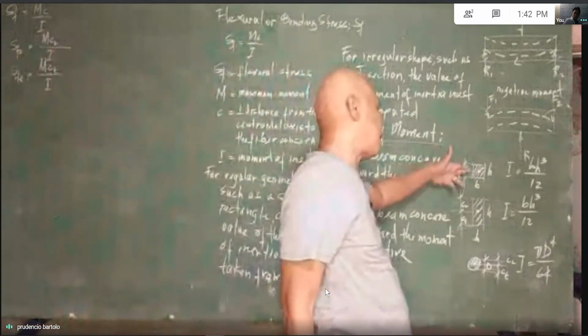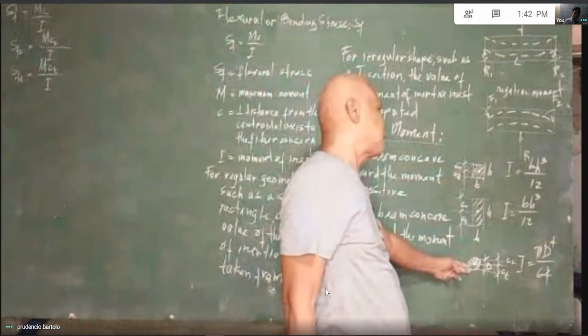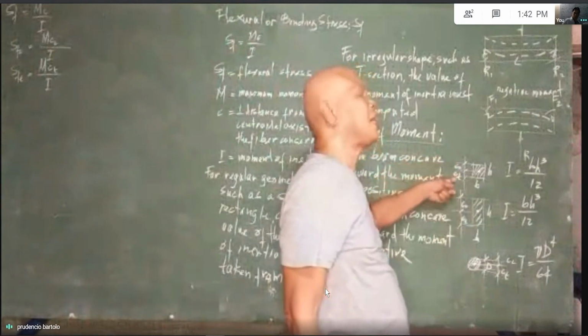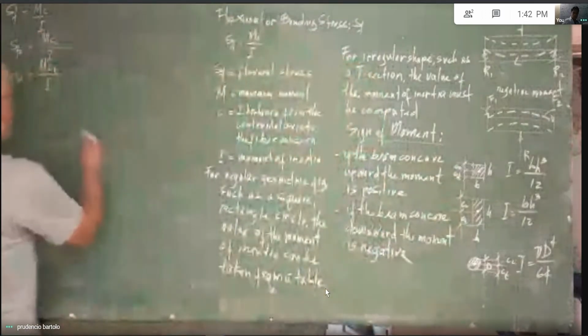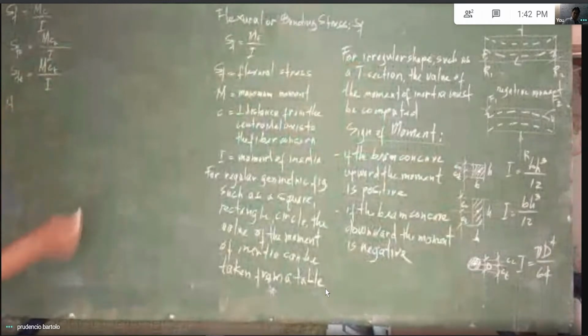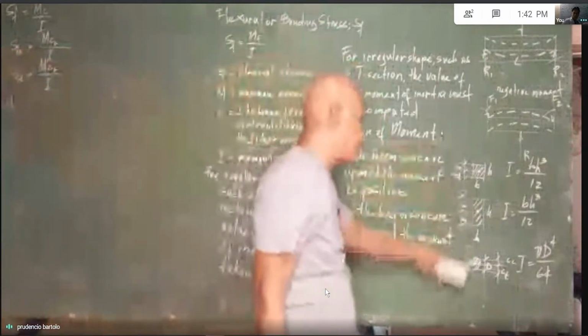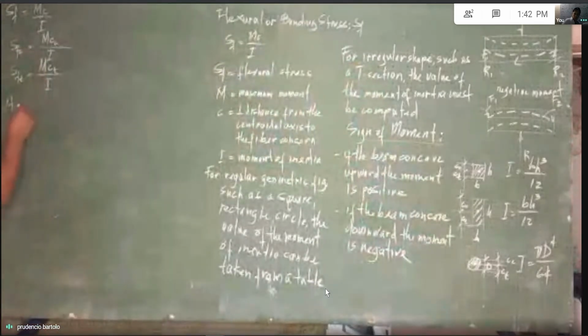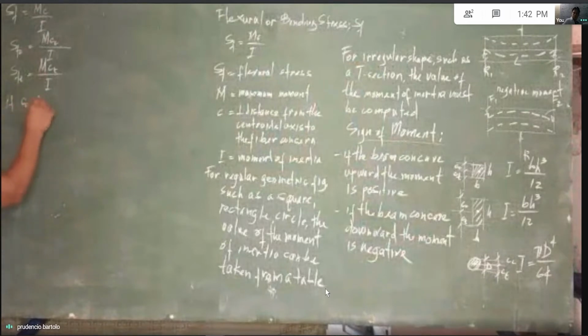Now, for regular geometric figures such as a square, a rectangle, or a circle, the C under compression and the C under tension will be equal. So if the cross section is a regular cross section, the C under compression is equal to C under tension.